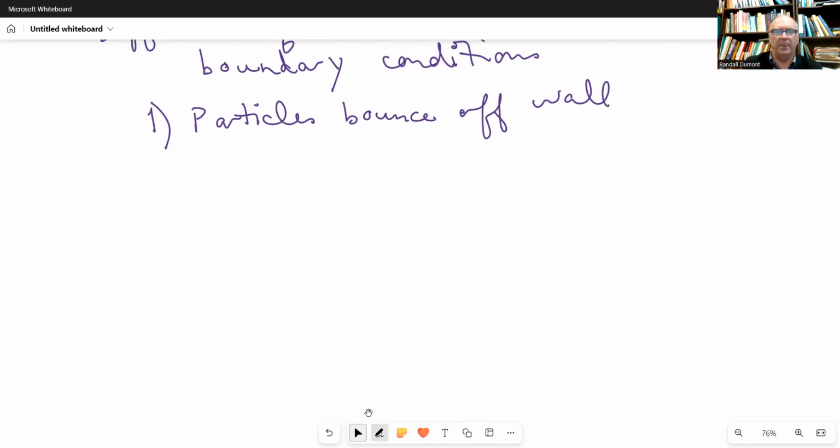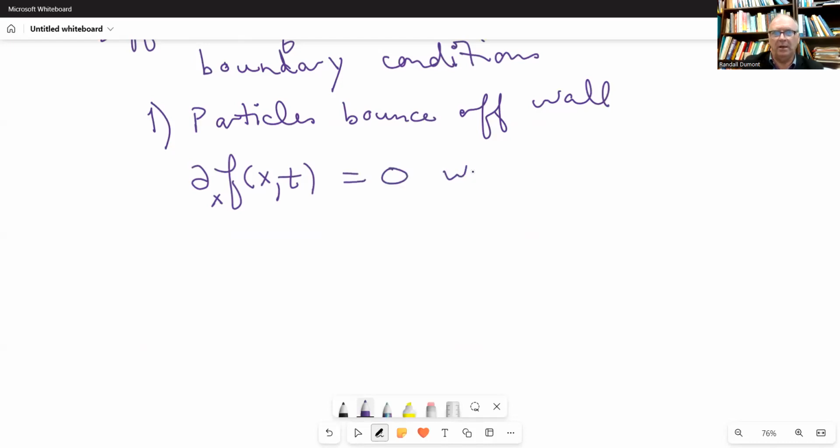So in that case, the boundary condition is that the derivative of f of x at all times, it's a boundary condition, it would be an initial condition if it was only at time 0, is equal to 0 when x equals boundary.